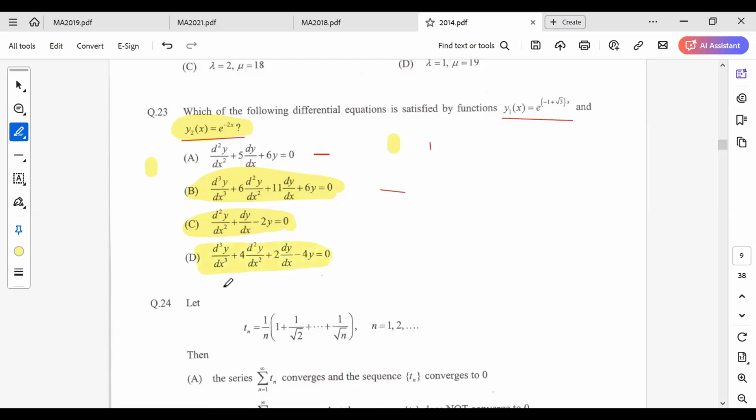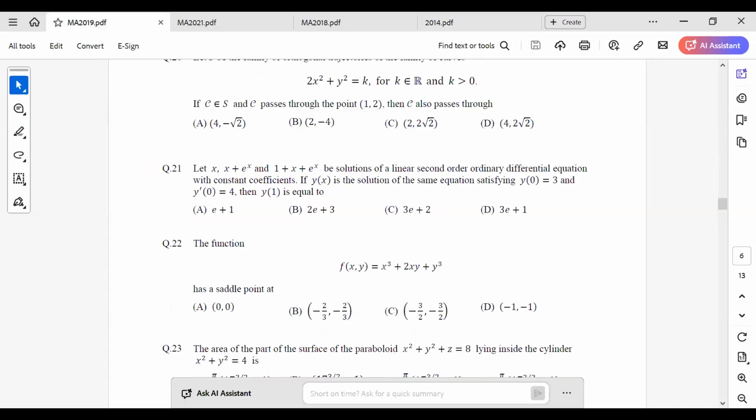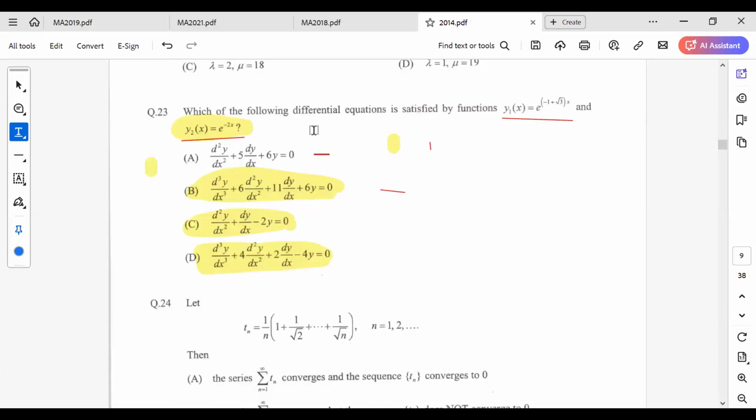And what about this? See, in the question they are saying which of the following differential equations is satisfied by this and this. So option A is correct.